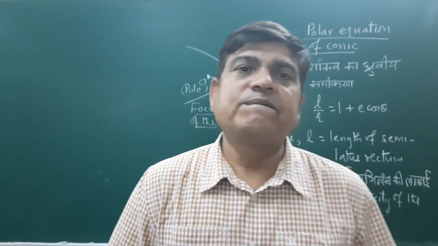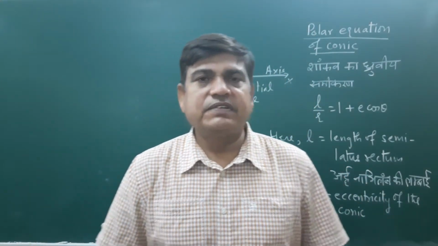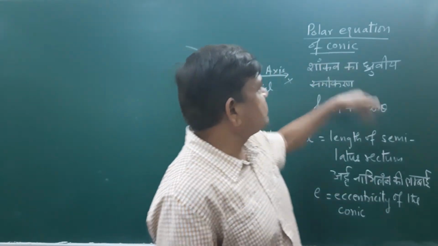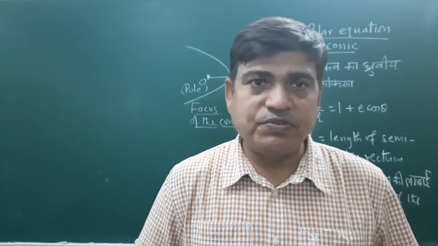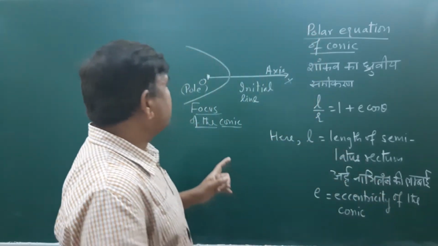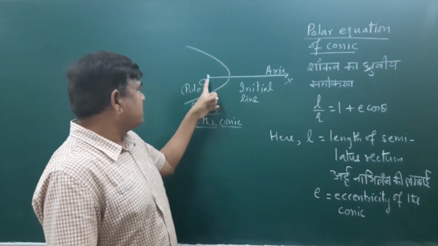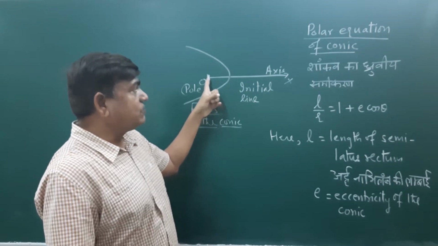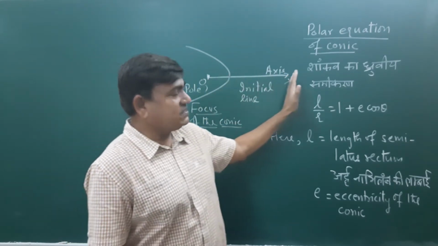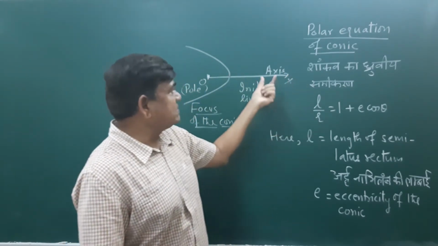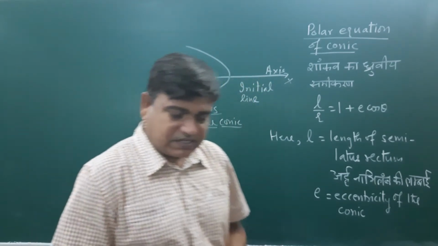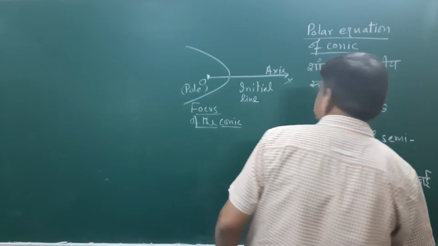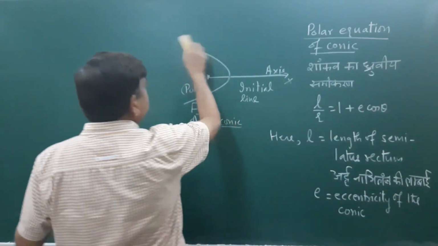Today we will derive the polar equation of a conic again, but in a different situation. Remember, the focus is at the pole, and this is the initial line, or you can say the axis of the conic. Now we just reverse its direction and we derive this again. Okay, so let's see.